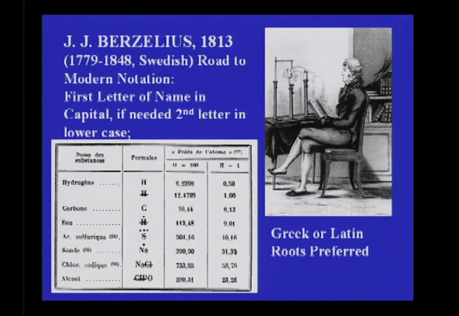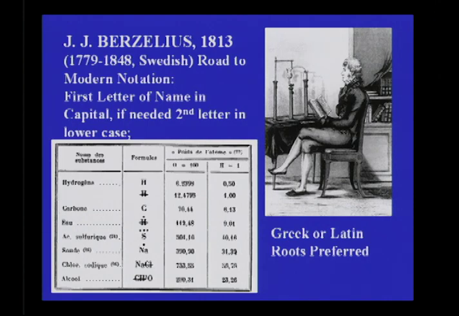Now, our modern way of symbolizing the elements and the compounds that derive from these elements is from Jöns Jacob Berzelius, who in 1813 published his ideas about improving the symbolic ways of depicting elements.